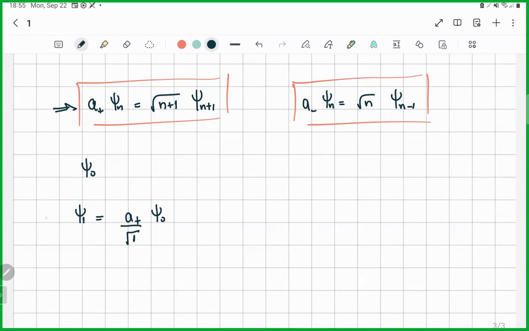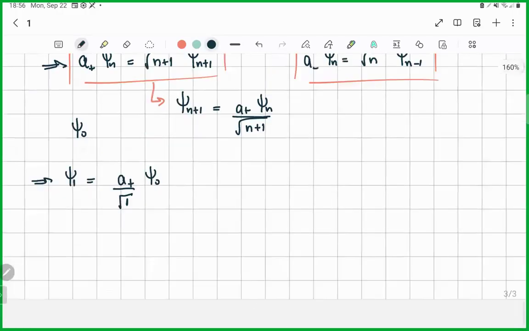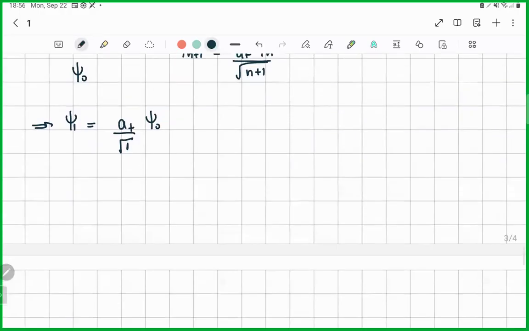What I did to write this equation is I just wrote what you see on top here: ψ_{n+1} is a₊ acting on ψ_n divided by the square root of n+1. So I got my ψ₁. And you see that we got here the square root of 1, which is just the number 1, which is what you found in example 2.4, but in a much more complicated way, solving the Gaussian integral.